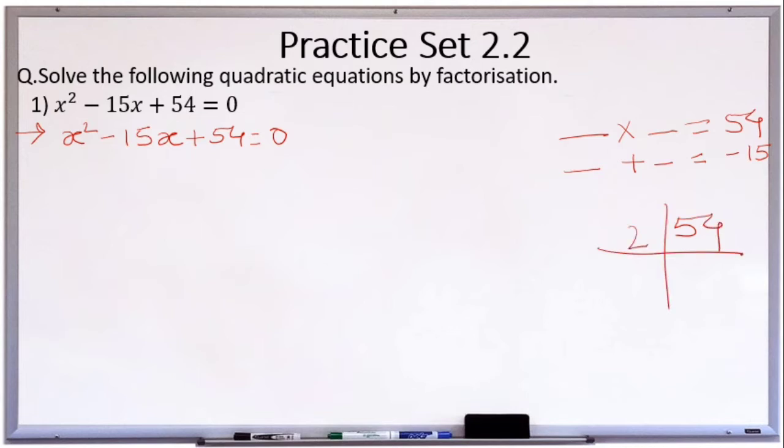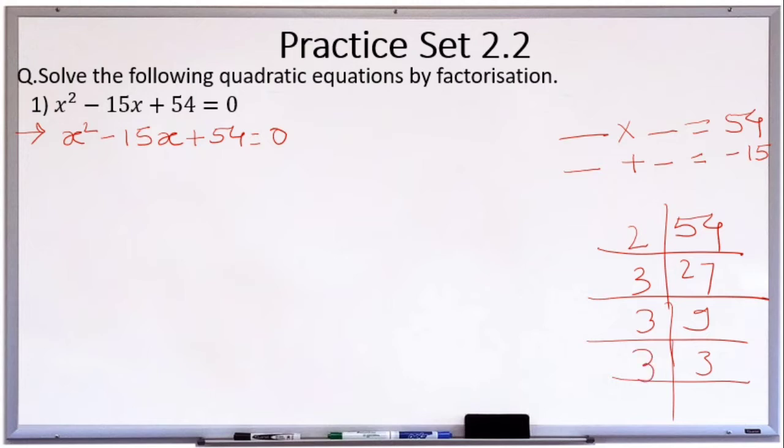We want factors, so start dividing by 2, 27, then by 3, 3 nines are 27, again by 3, the remainder is 3, and again by 3, 3 ones are 3. Okay, so how many possibilities are there? First is 2 into 3 into 3 into 3, that is 27.